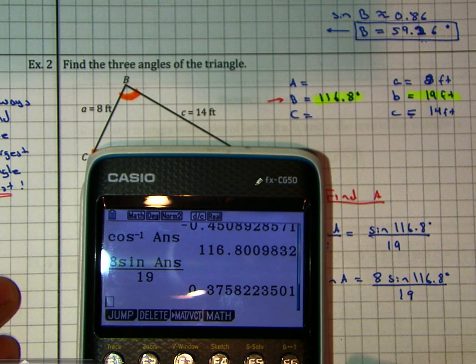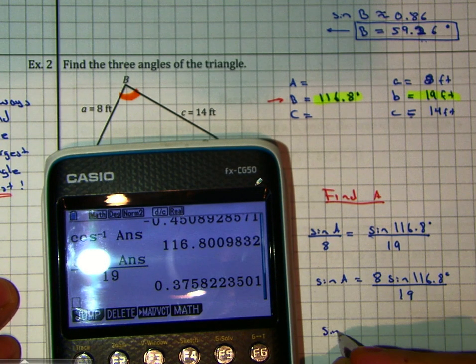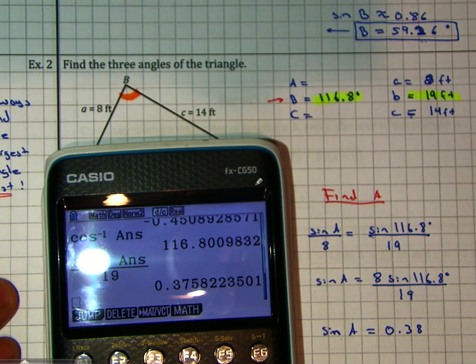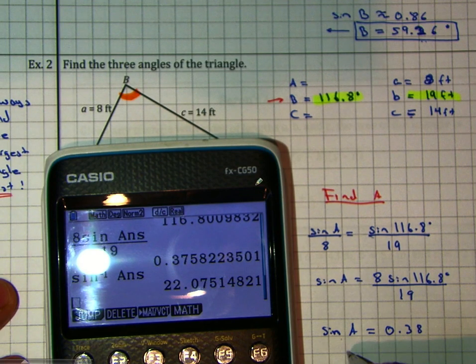So therefore, the sine of A is equal to 0.38. I'm going to take my inverse sine of my answer. So therefore, A is equal to 22.08 degrees.